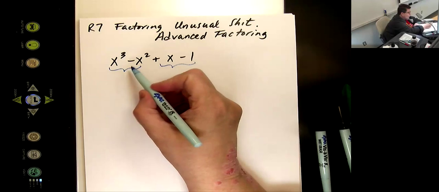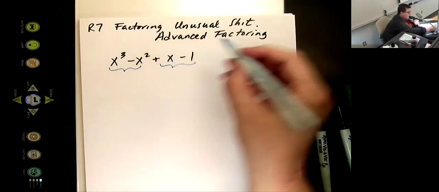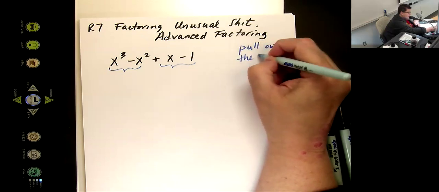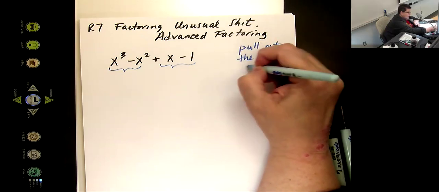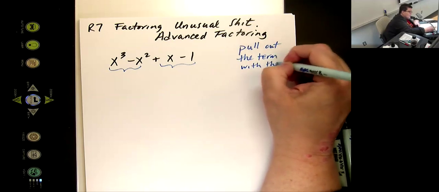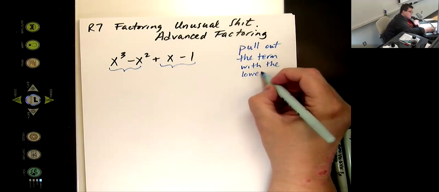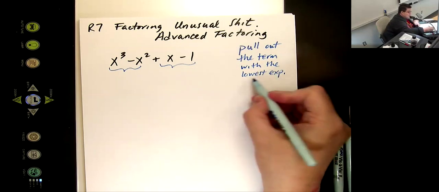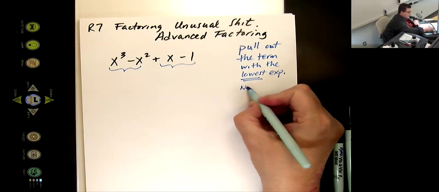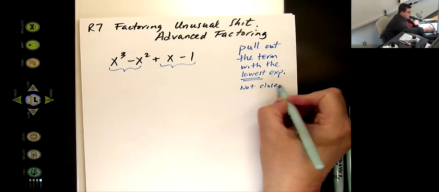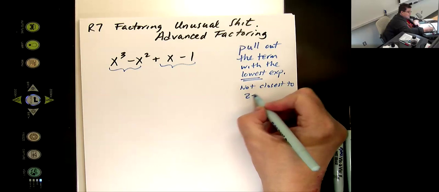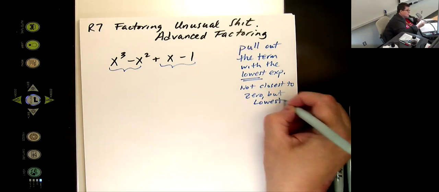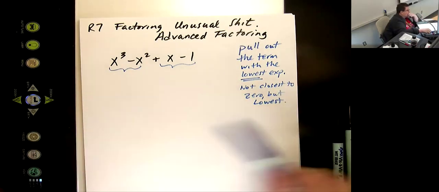So what we do here is we pull out the term with the lowest exponent. And I mean lowest, not closest to zero. You might be wondering how that's different. You'll see.